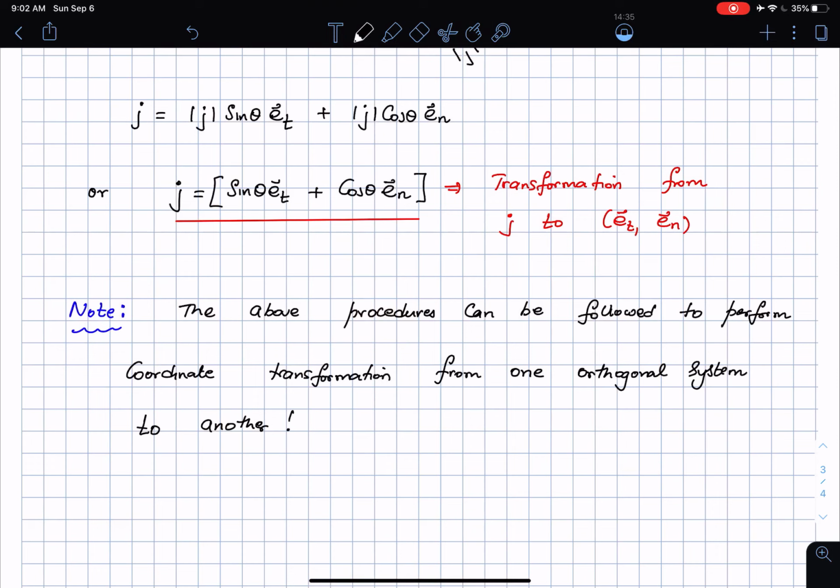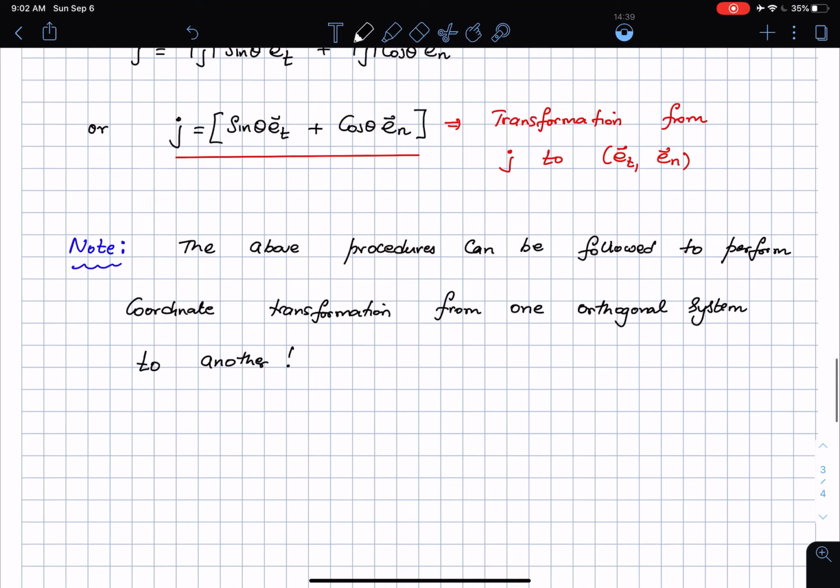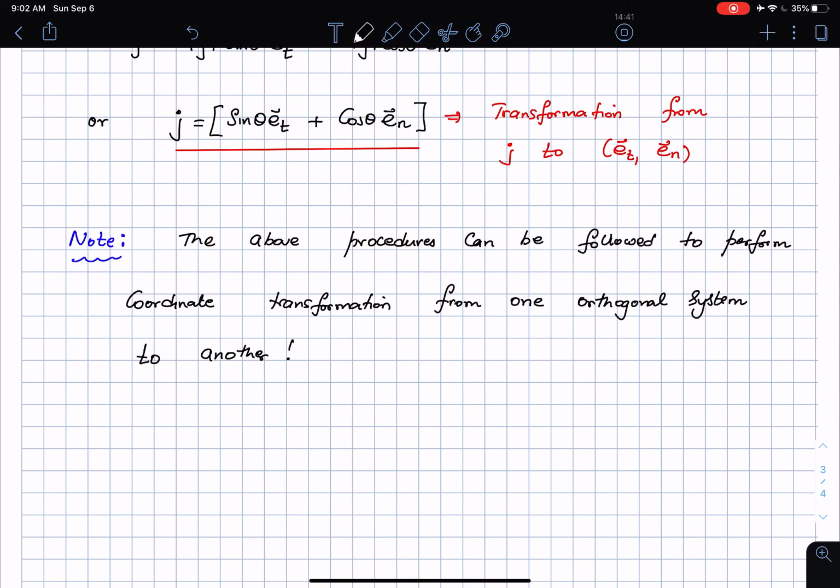Okay, so this is a general idea. I have just taken a hypothetical example, but in general the same procedure can be followed to perform coordinate transformation from one orthogonal system to the other.